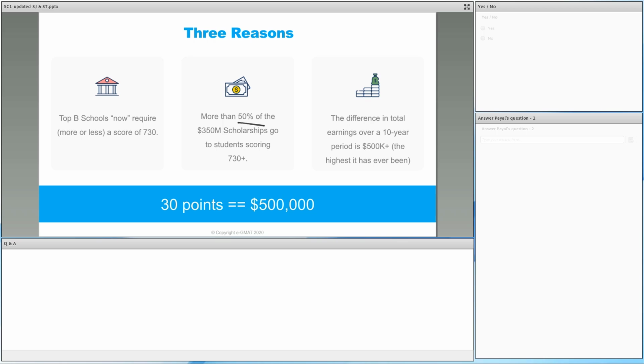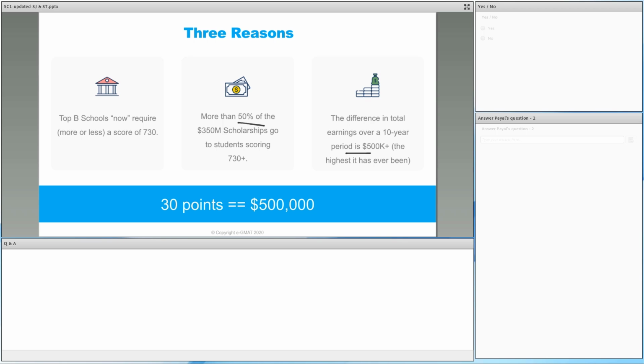The third reason, which is again often ignored, and which is a primary reason why a student should not settle for a lower ranked school, is the difference in the total earnings over a 10-year period for an MBA grad. The delta is somewhere around $500,000 over a 10-year period, which in my opinion is only going to increase from here.